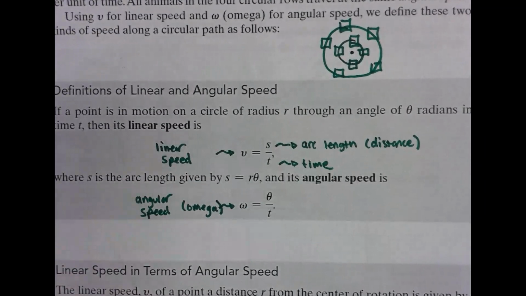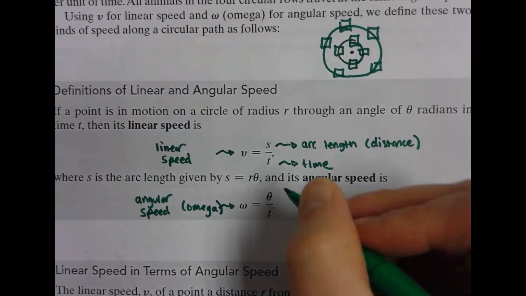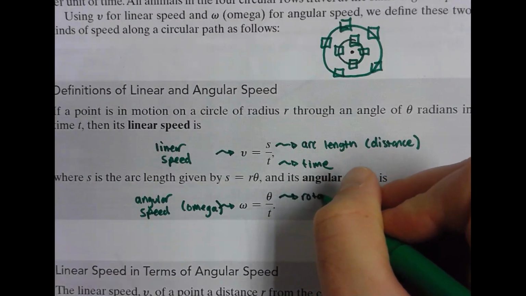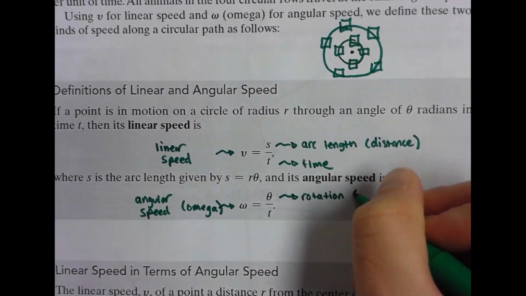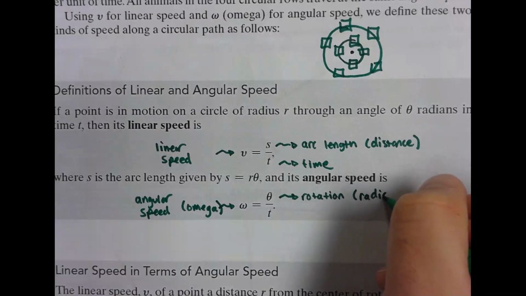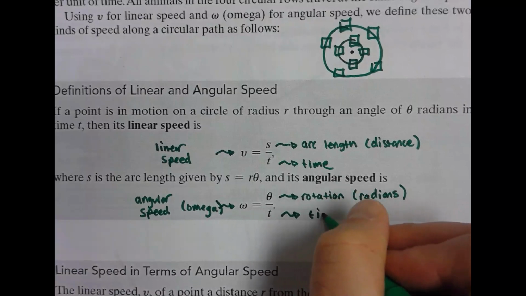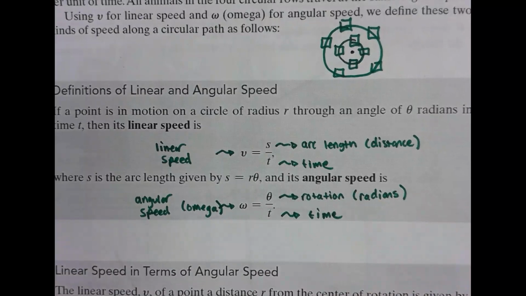But when you see that omega, it's referring to the angular speed, which is equal to theta, which is the rotation, measured in radians, per unit of time. The unit of time itself does not matter. It can be minutes, seconds, hours, days. The rotation has to be measured in radians, though. That part's really important.